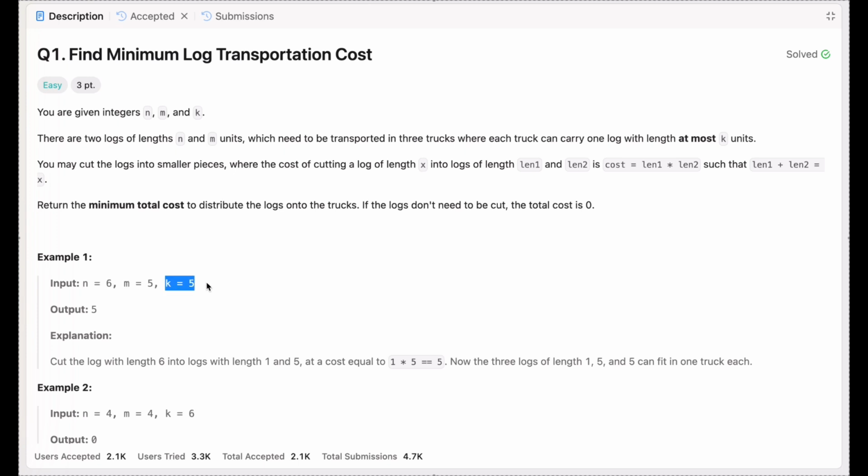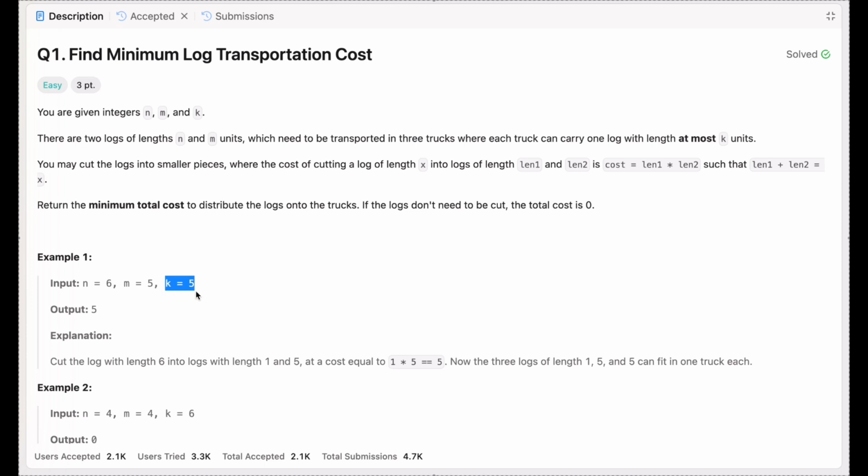What I'm saying is, think that you have 2 wooden logs of length n and m, and 3 trucks, and each truck can carry one log piece. If you exceed k, that is wrong. The length of the piece cannot exceed k.